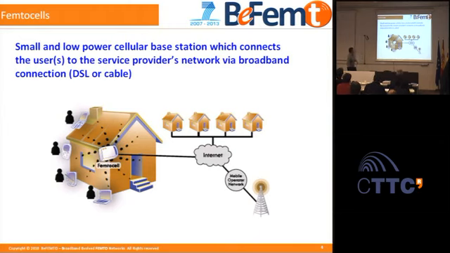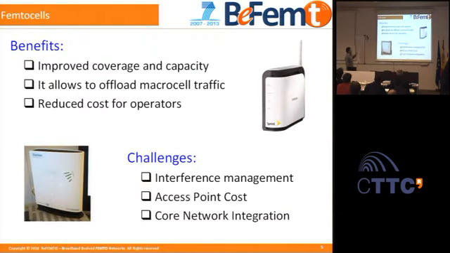This kind of device presents several benefits, but also comes with a subset of challenges. For example, one important benefit is that, since it is intended for indoor environments, these devices provide improved coverage indoors that the macrocell cannot assure, and also improved capacity.